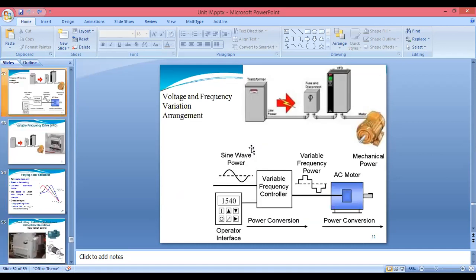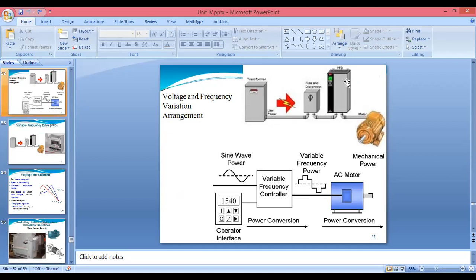So when we need to regulate its speed by changing its supply voltage and frequency variation, you can change its frequency by using a variable frequency oscillator.